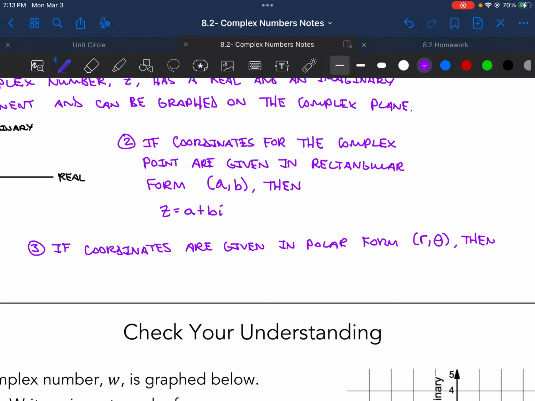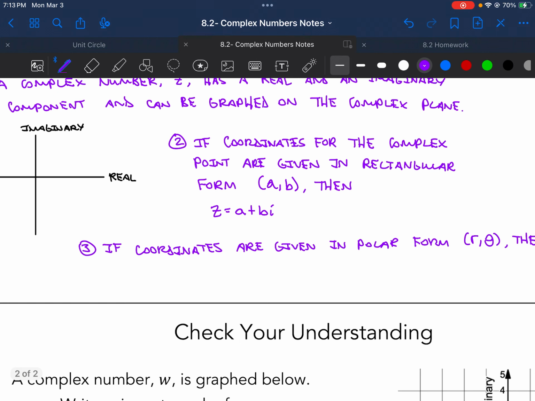Then we have a different way to represent the complex number z. Then your complex number z is going to be represented as r times cosine of theta, which is x, plus i times r sine of theta. Remember that r sine of theta is representing y. So x plus y times i.